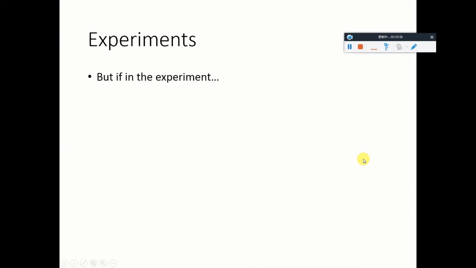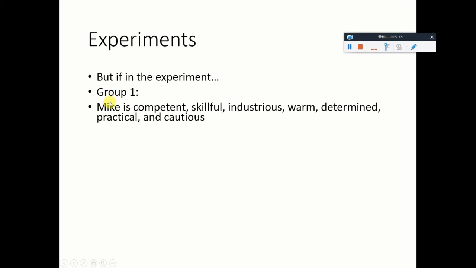But let's imagine if in this experiment, for the first group of participants, I present the following description. Mike is competent, skillful, industrious, warm, determined, practical, and cautious.